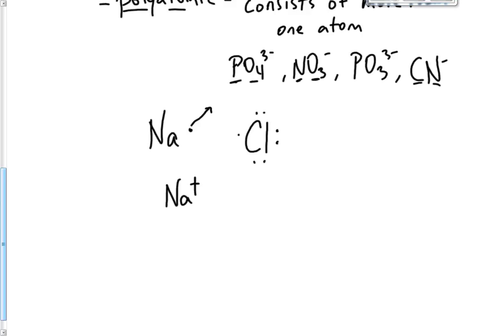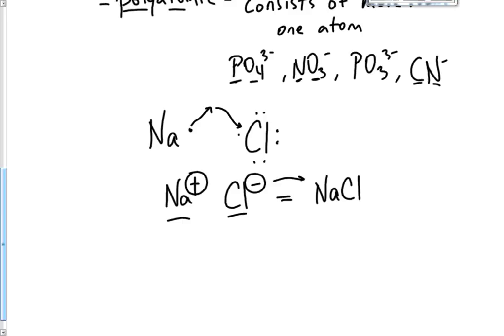Chlorine is seeking out an extra electron, so it is going to take that electron that's floating around and become Cl minus. Okay, nothing's happened yet except that we have made 2 ions. We've made a sodium ion and we have made a chlorine ion. Now, like magnets, positives and negatives are attracted to one another, so they're going to come together and create NaCl, which is neutral overall, because we have a 1 positive here and a 1 negative here, so they're going to balance each other out and give us a neutral compound.